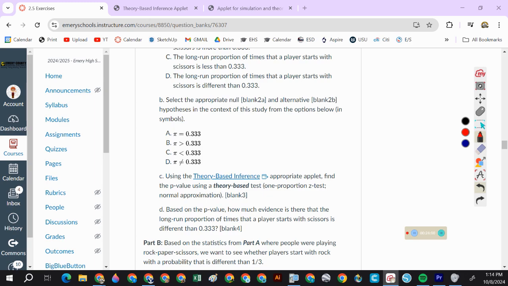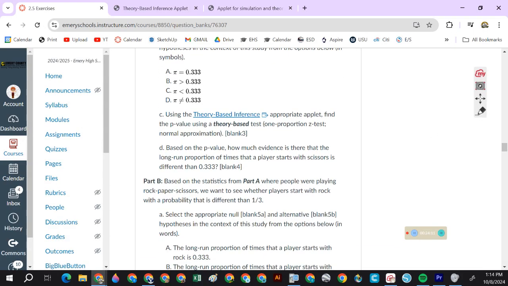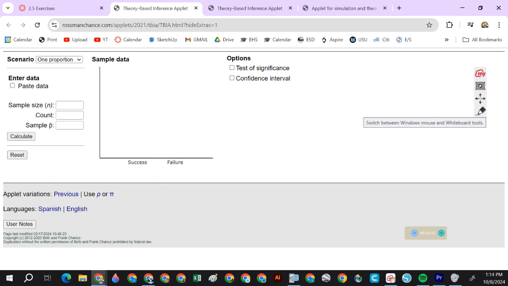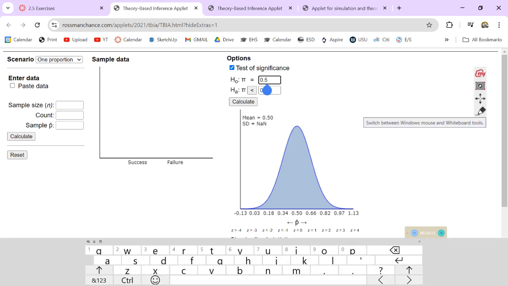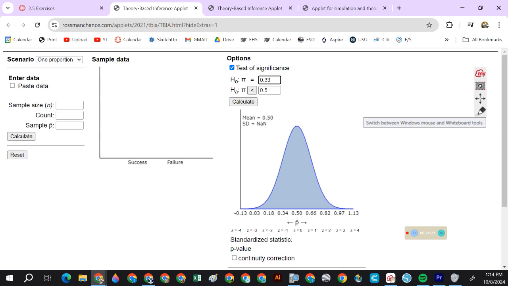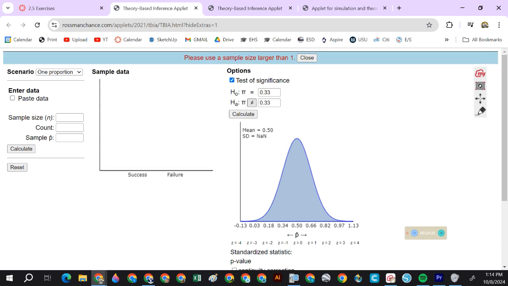Okay, so this is the null and this is the alternative. We want to do a test of significance, and we need to change this to 0.33, and then change this to not equal to 0.33.